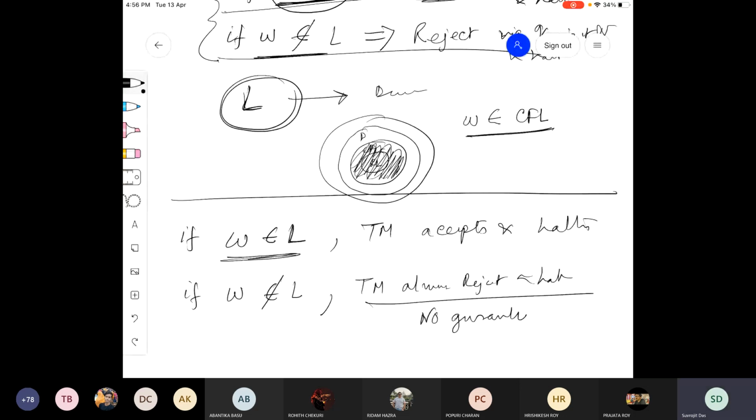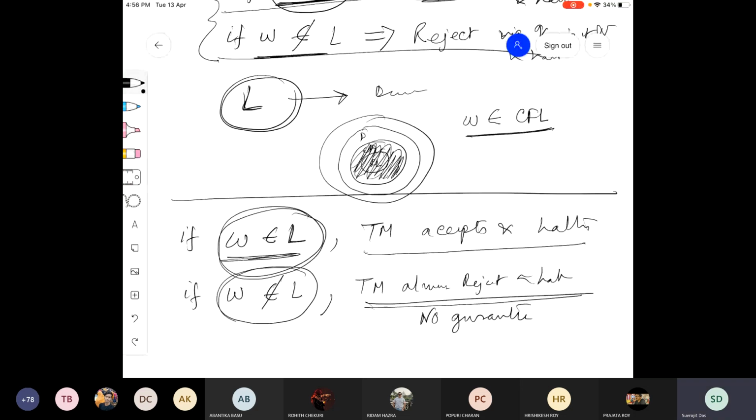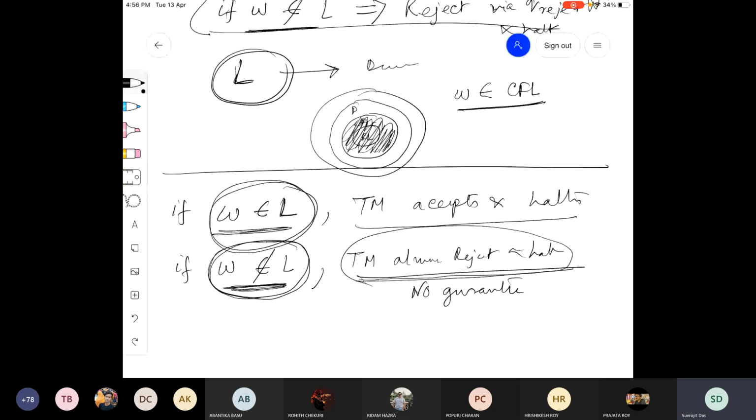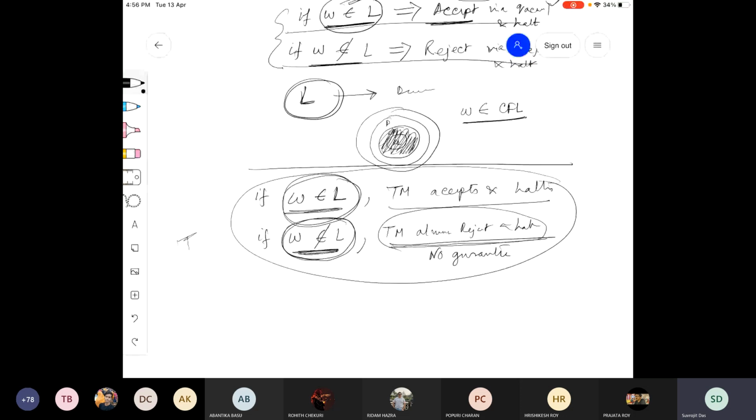Got my point? If W doesn't belong to L, and I have given the Turing machine to check whether this string belongs to L or not, then the Turing machine always rejecting and halting is not guaranteed. These classes of languages are called Turing recognizable languages.